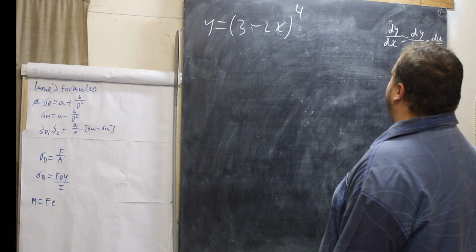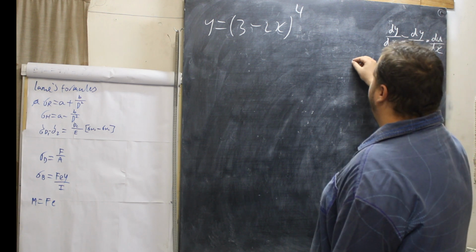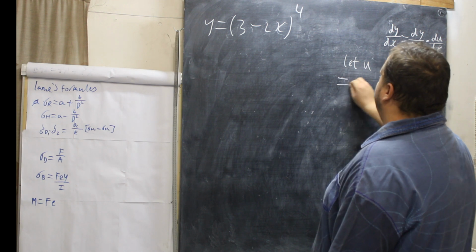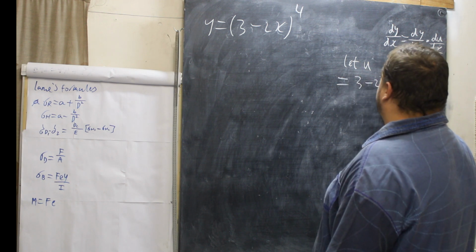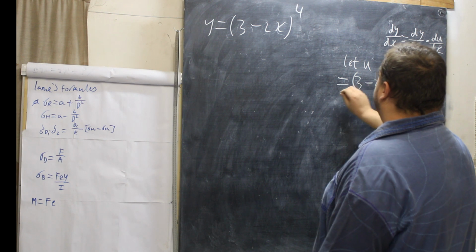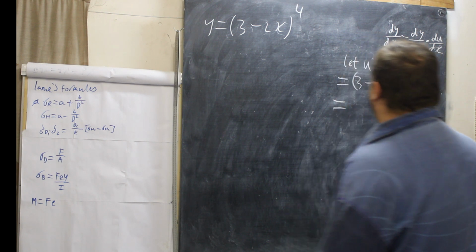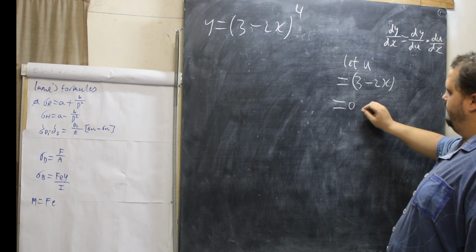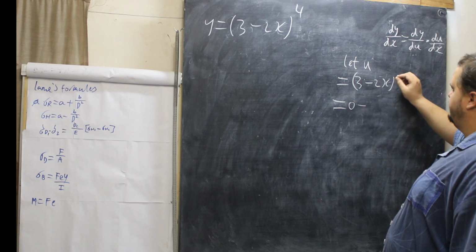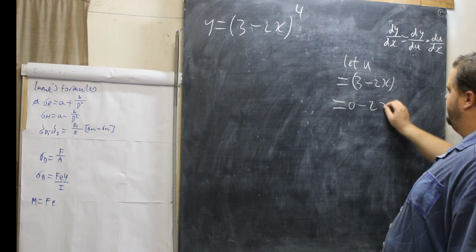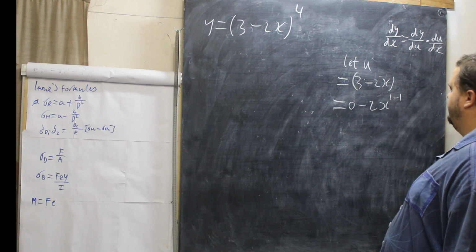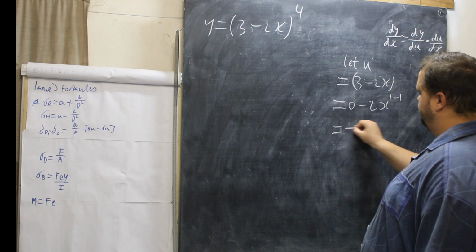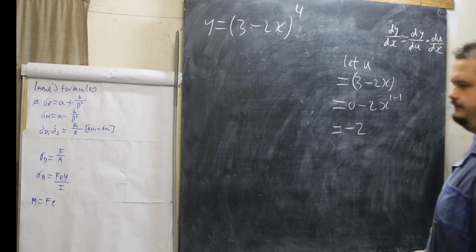I'll show you how that works. So let u equal 3 minus 2x. Now the derivative of 3 is 0. So 0 minus 2x to the 1 minus 1. So that'll be just minus 2.